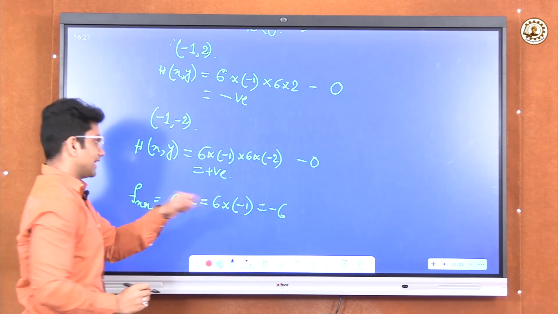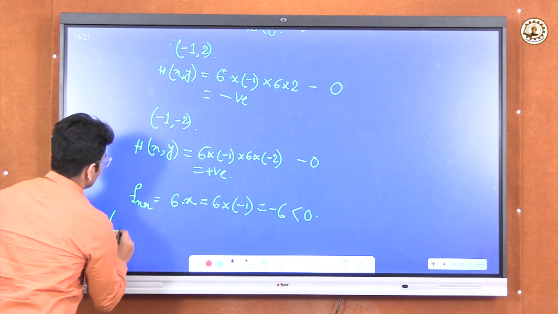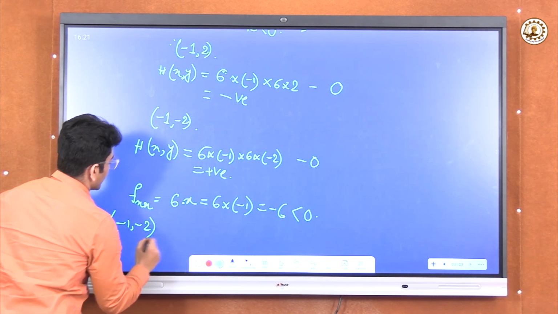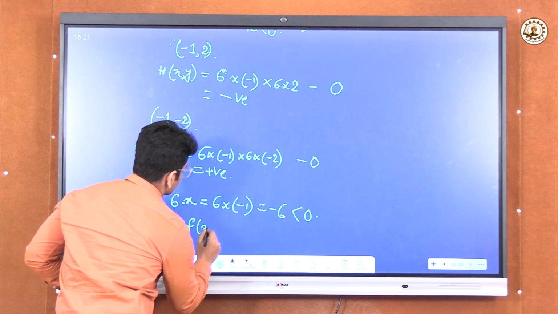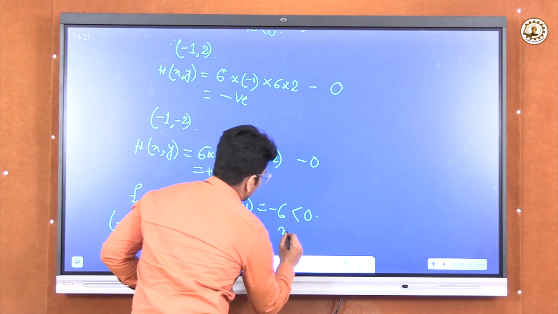As fxx is negative, less than 0, at this point (-1, -2) the function has a maximum value.